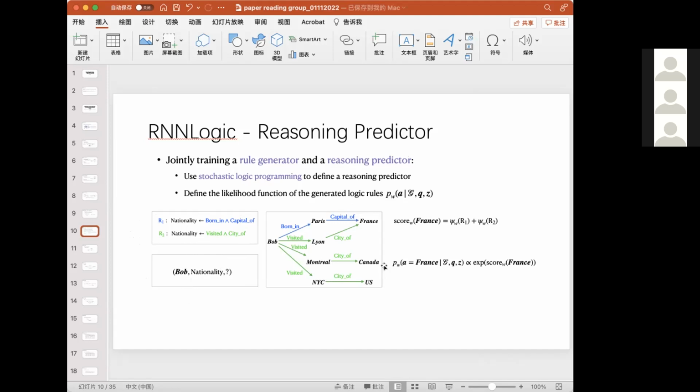By adding the confidence value of the ground logical rule together, we're trying to make sure that France will always have a very high score as the tail entity of this query.